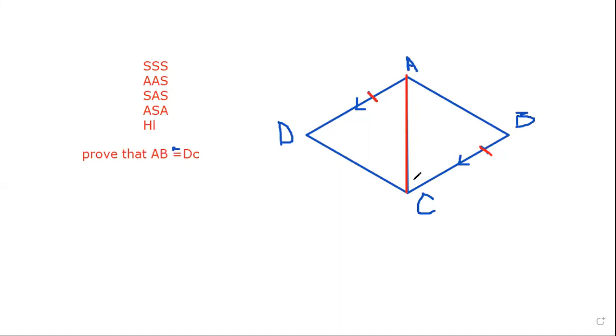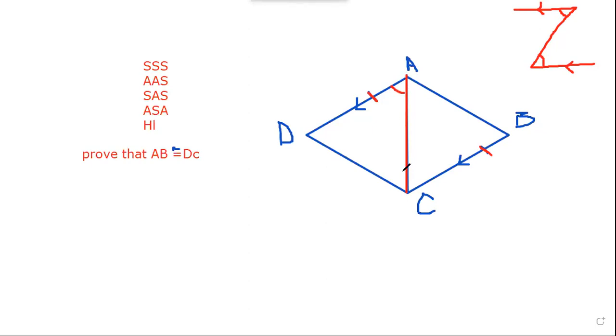But because AD is parallel with BC, and we have AC as a transversal, it will be alternate. Yes, exactly. So we have alternate interior angles.